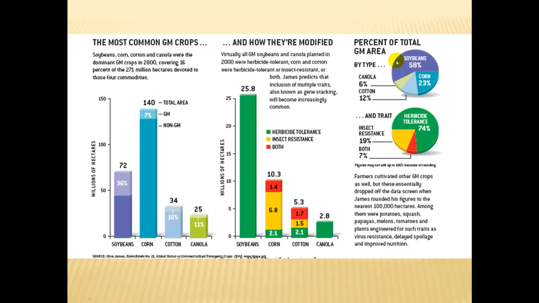Now the majority, if we look at the most common GM crops, soybeans by far lead the way, followed by corn. If we look at this by trait, we would see that the majority of transgenic crops are actually for herbicide tolerance. You have insect resistance, such as the BT corn, and then you also have some that are both.